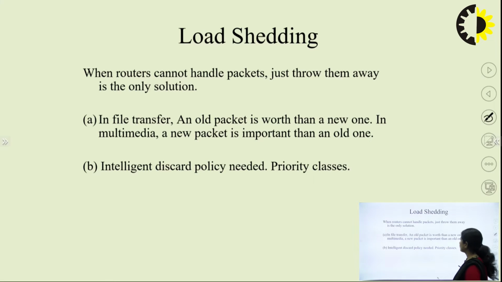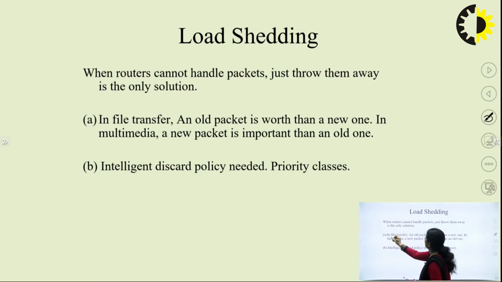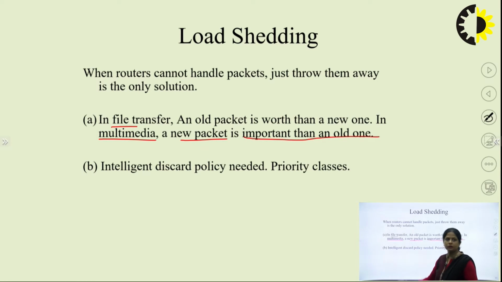In a file transfer, an old packet is worth more than a newer one. But if we consider the case of multimedia files, there we can see a new packet is much more important than the older one.